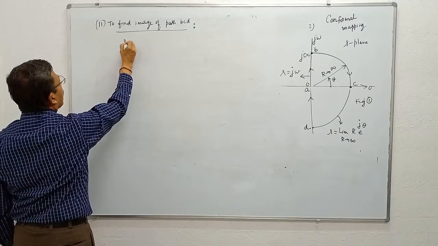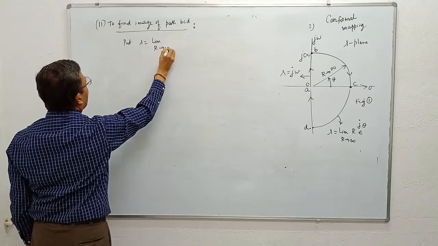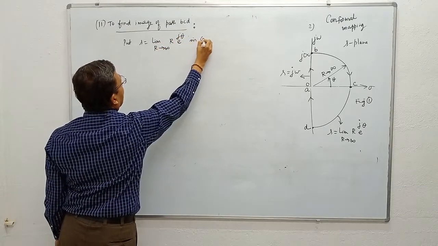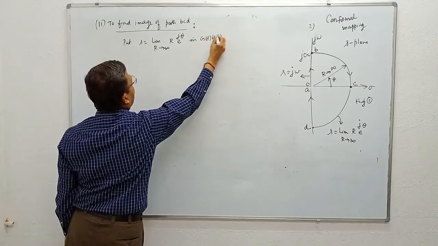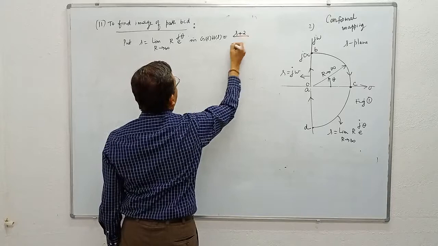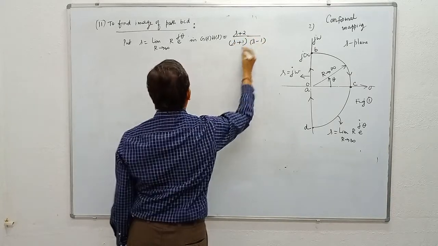Put S is equal to limit r tending to infinity r into e to the power j theta in G of S, H of S is equal to S plus 2 divided by S plus 1 into S minus 1.